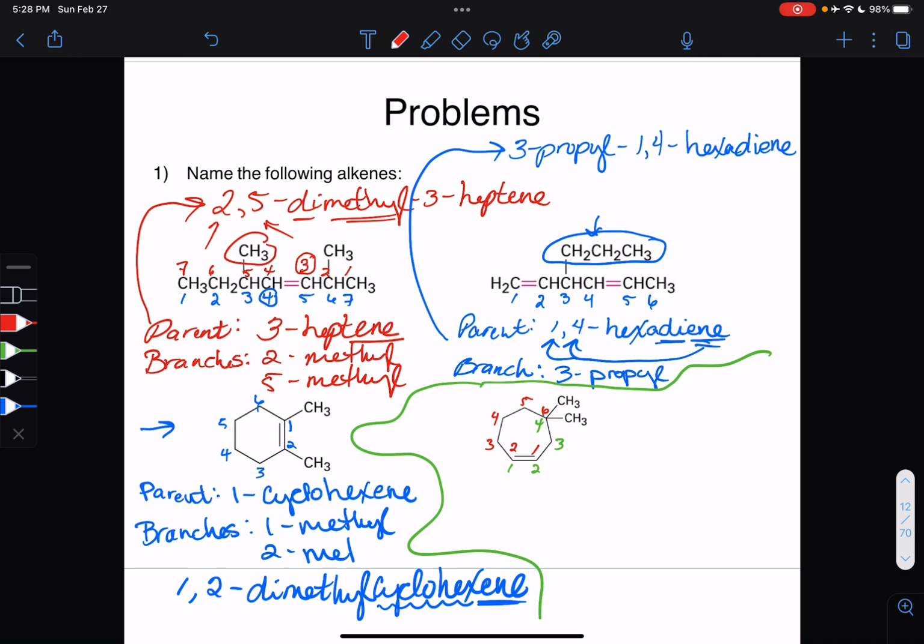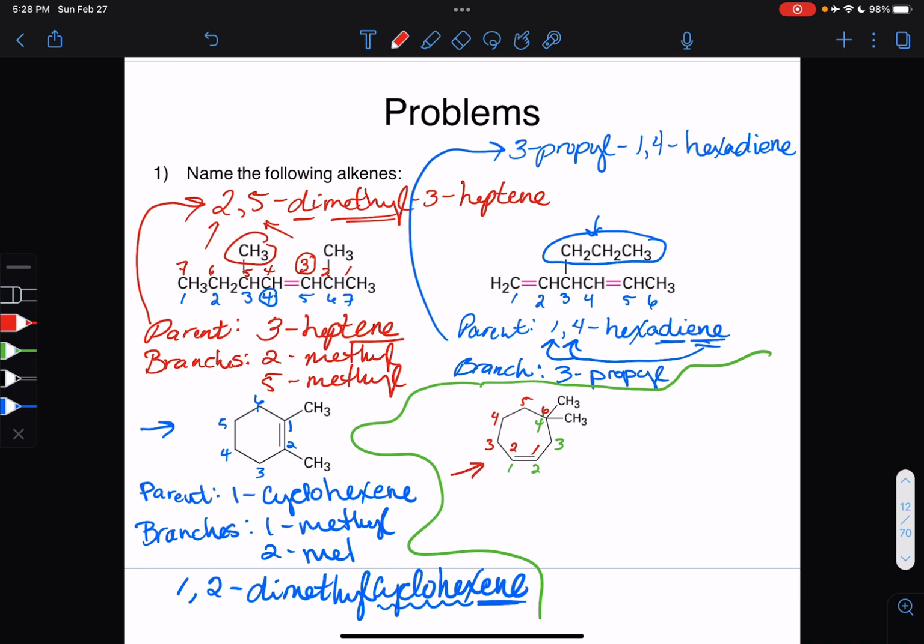And with a cyclic structure, you get to start the numbering where it goes, okay? And the double bond has to be between 2 consecutive carbons. So it has to be between carbons 1 and 2. Remember, don't put it between carbons 1 and 6 or 1 and 7 or whatever else, all right? So in both of our choices here, we've put the double bond between carbons number 1 and 2, okay?